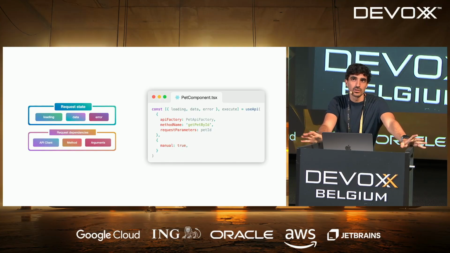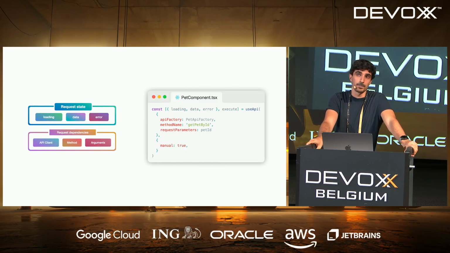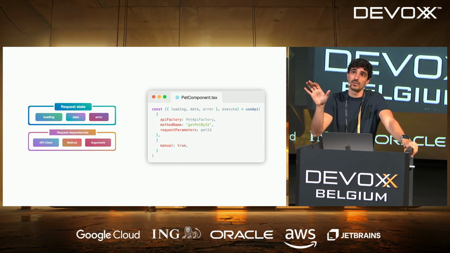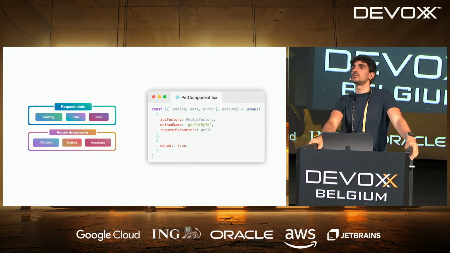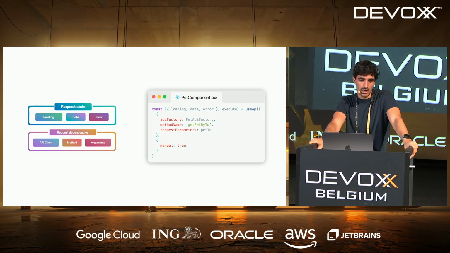Basically, execute can be called anytime with every argument subsequently. And since it is completely like a separated reference to the function that is actually getting called, you can use it in a declarative way, imperatively, as you wish.